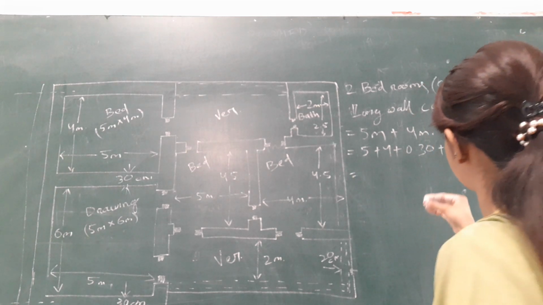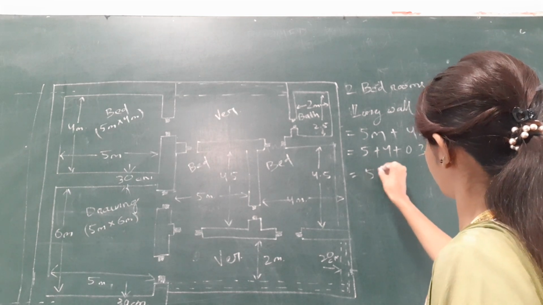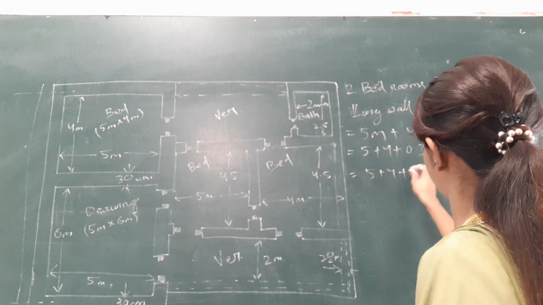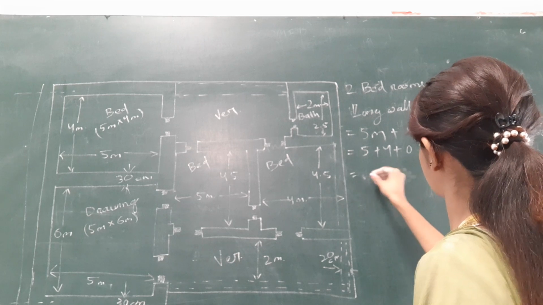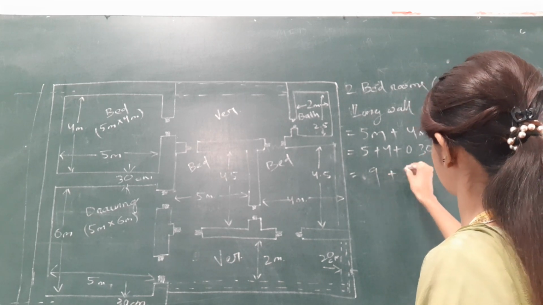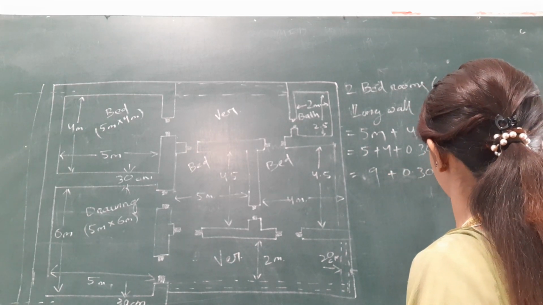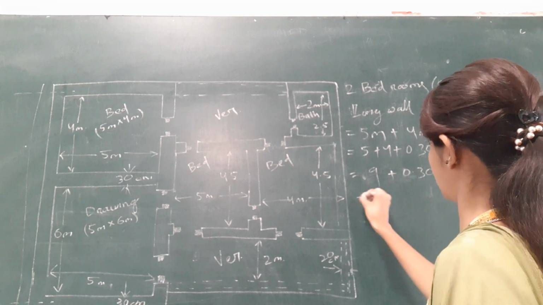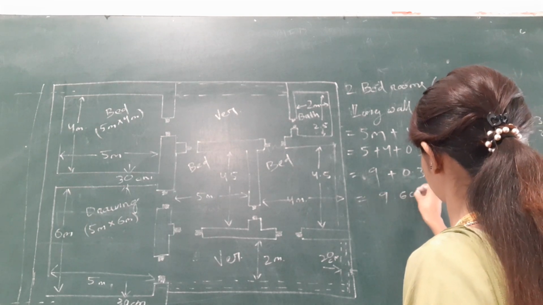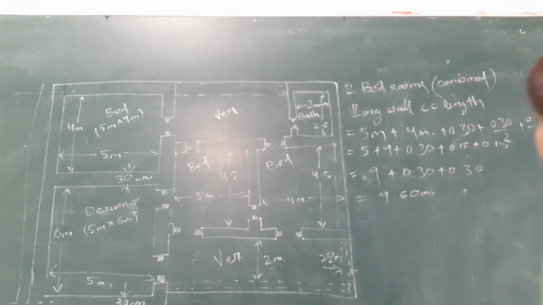So 5 plus 4, it's 9 plus 0.30 plus 0.30. Okay, so 9.60 meter.